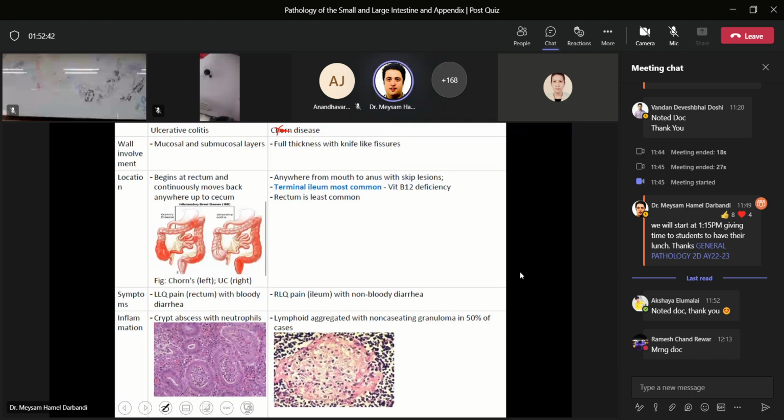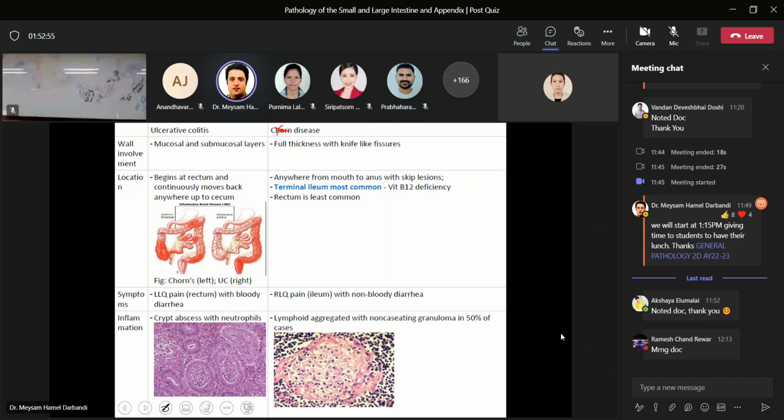How about folic acid? Where will folic acid be absorbed? Because I showed your classmate, vitamin B12 will be absorbed in the ileum.